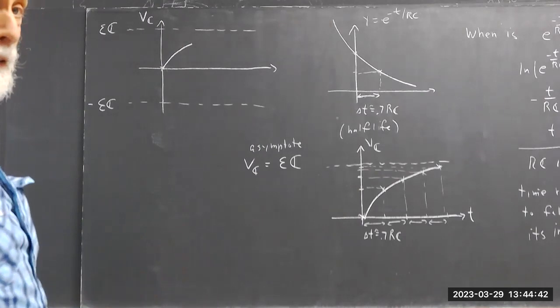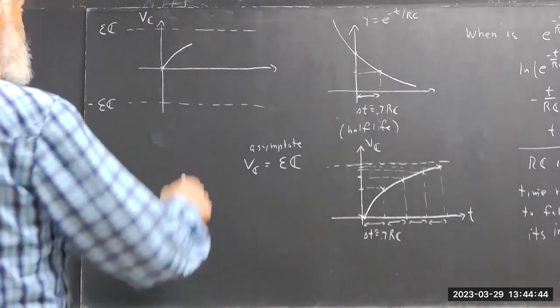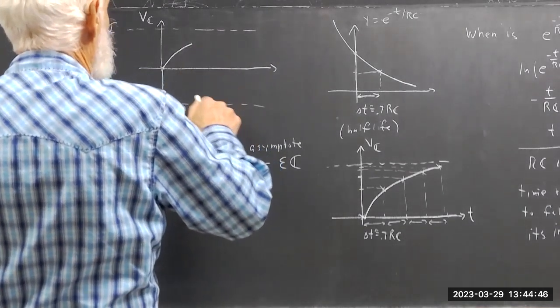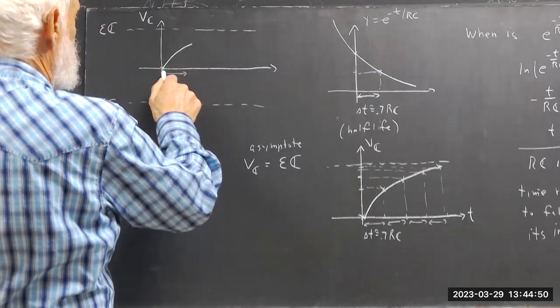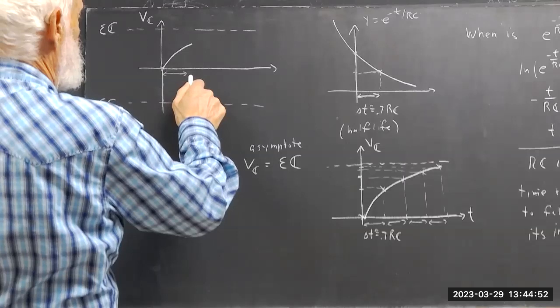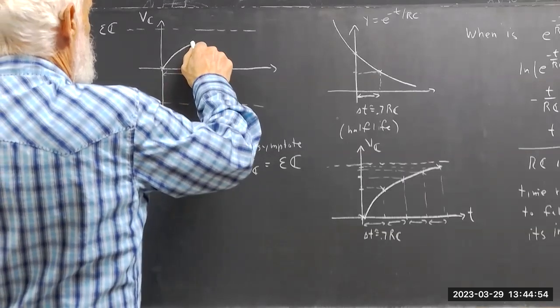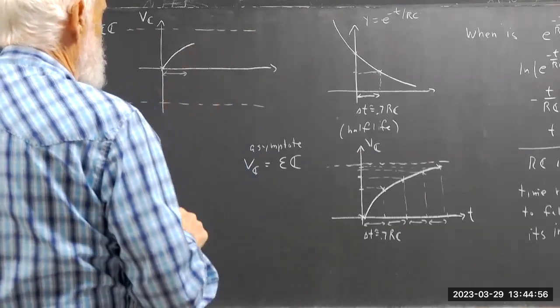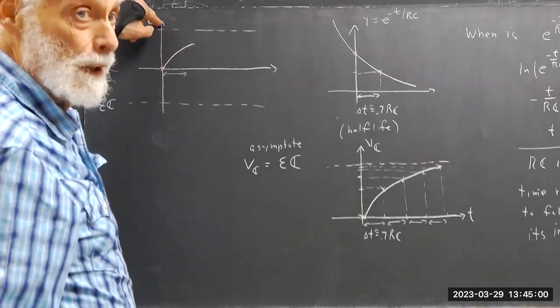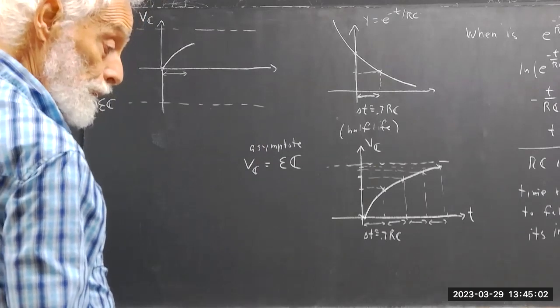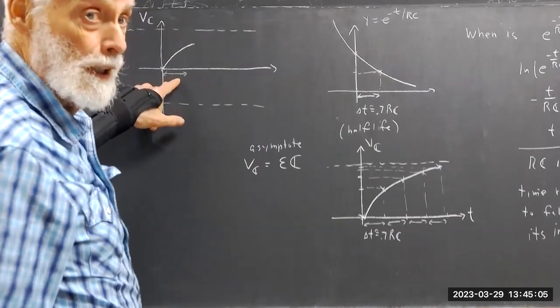Then we switch the leads and let it approach this asymptote. If our time constant, our half-life, is like so, and we get up to here, now this is more than halfway up to the maximum, because we're not going to do it at the time constant.